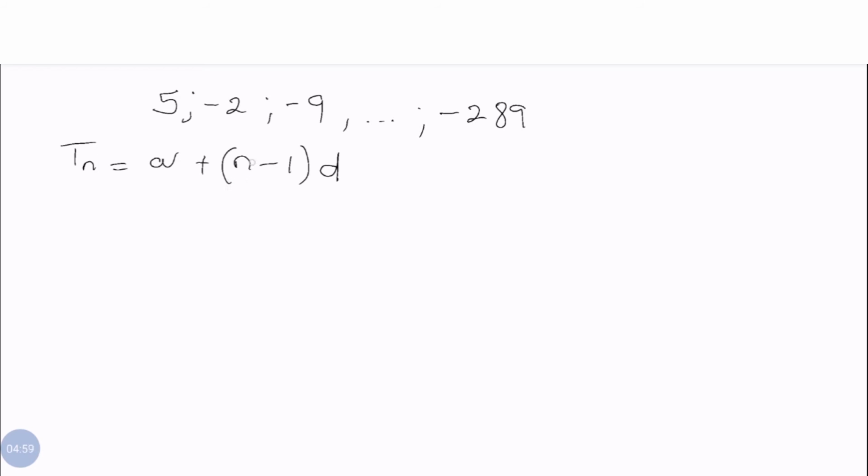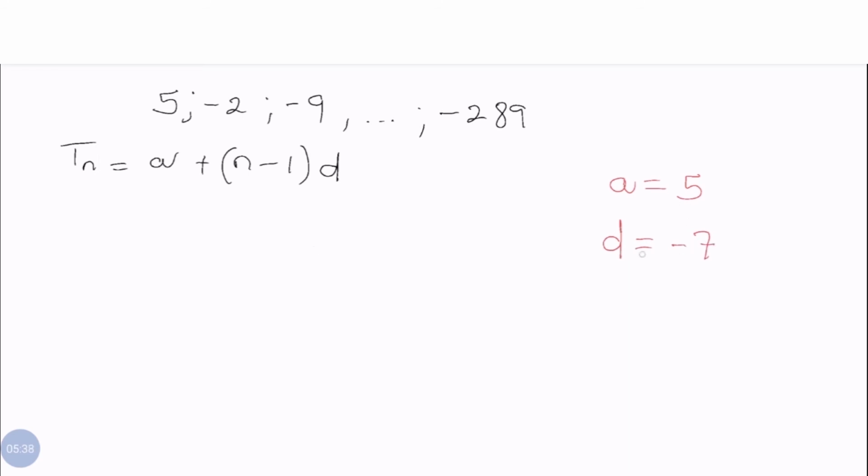N is the term number. In our pattern, A, the first term, is 5. D is the constant first difference, which we determined in 3.1.1 to be -7.